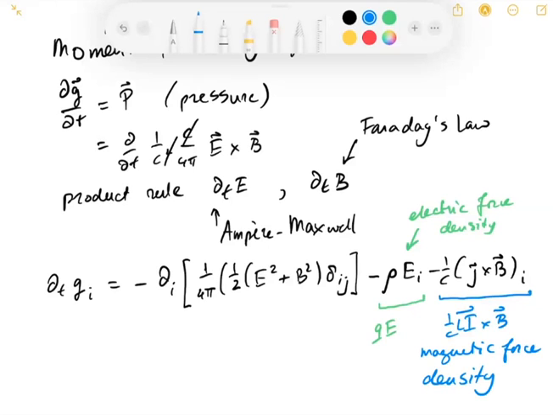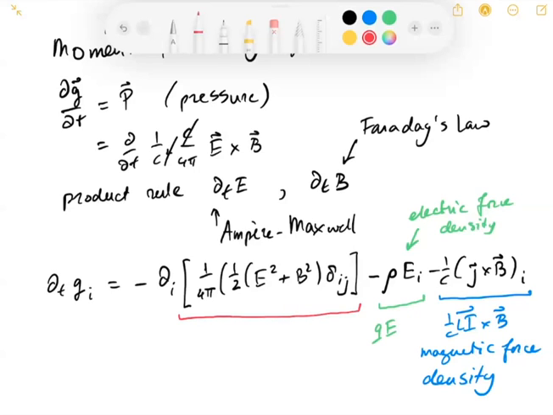And again, all of those things come in because when we swap in Ampere Maxwell's law and when we swap in Faraday's law, those terms show up. The rho comes from Gauss's law.